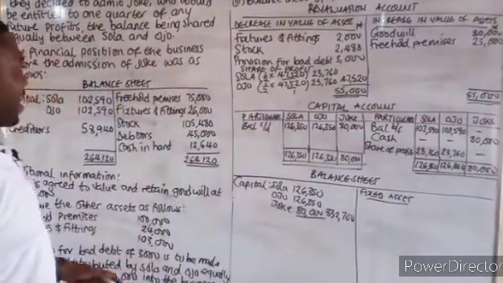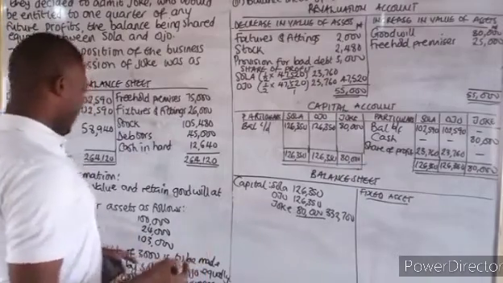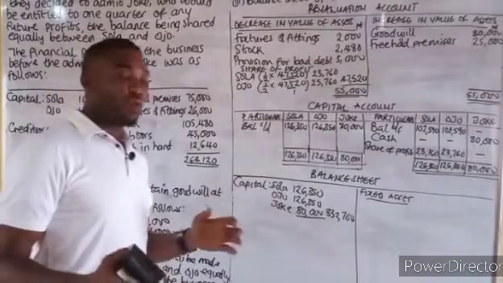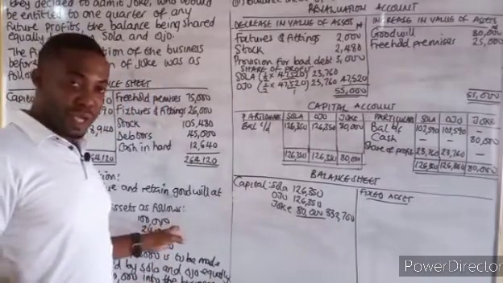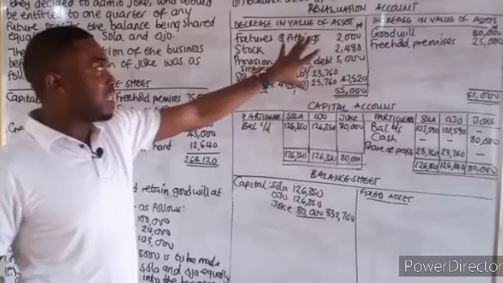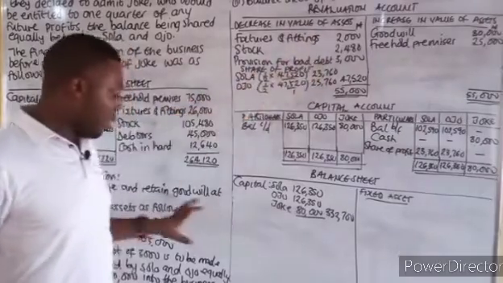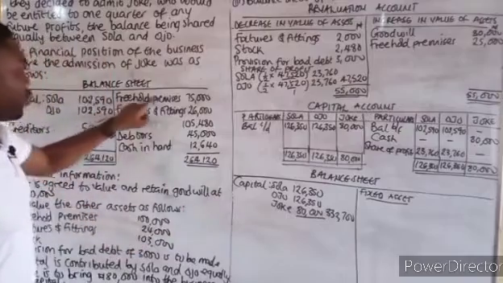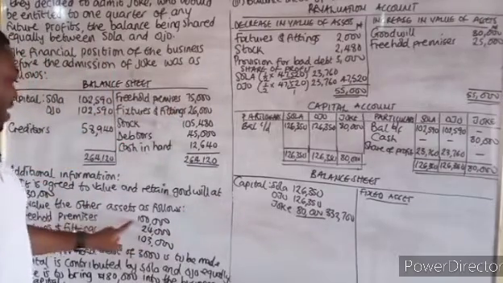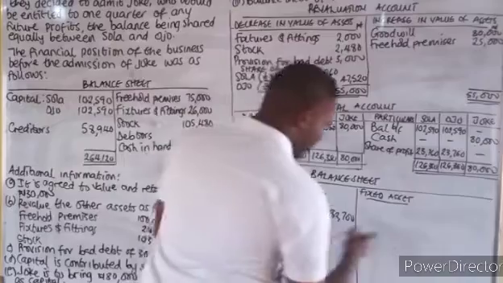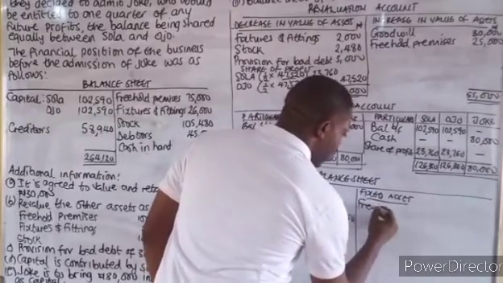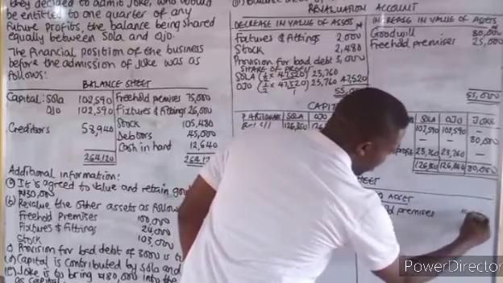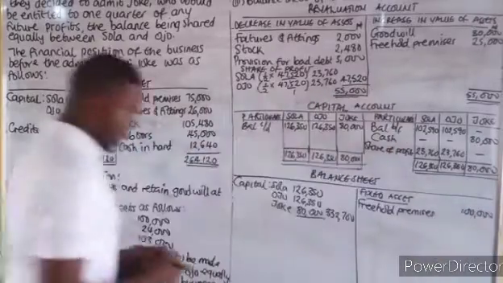Okay, now the fixed asset. Remember, we now have the fixed assets here, freehold premises. This is where you will post the actual value now, not the difference that was posted in the revaluation account. The actual value that was revalued. So you check freehold premises, 75,000. Was it revalued? Yes, 100,000. So we have freehold premises 100,000.